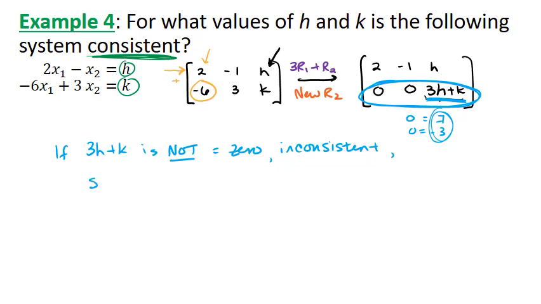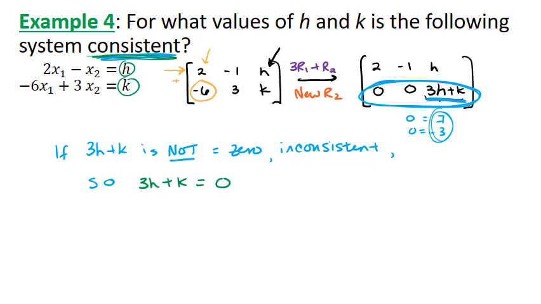So in order for this to be a consistent system, we want 3h plus k to equal 0.